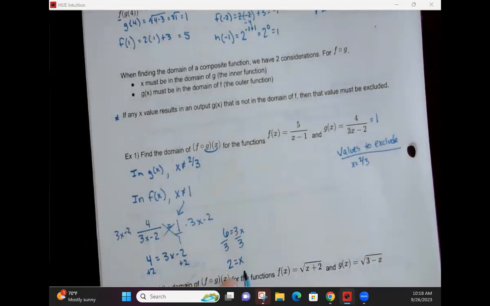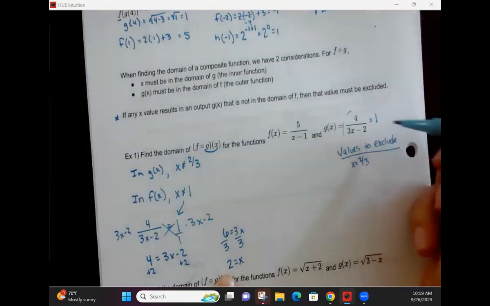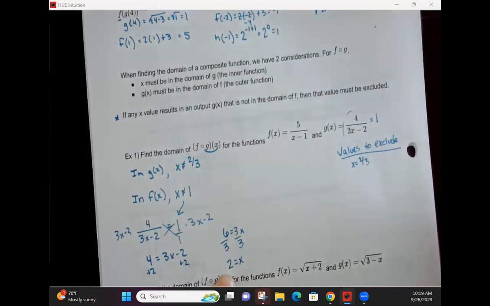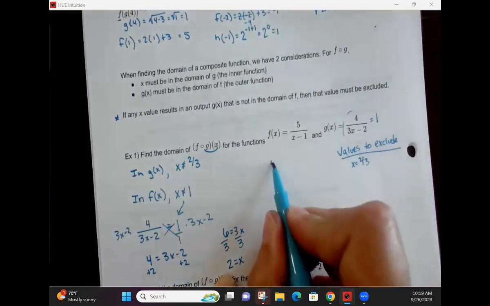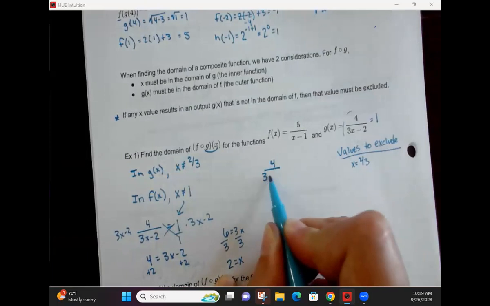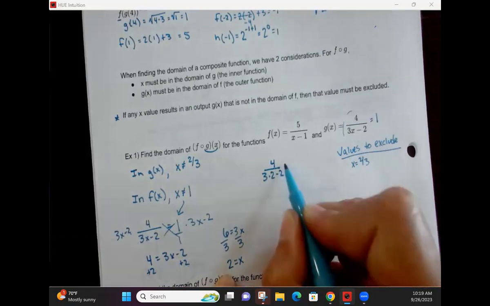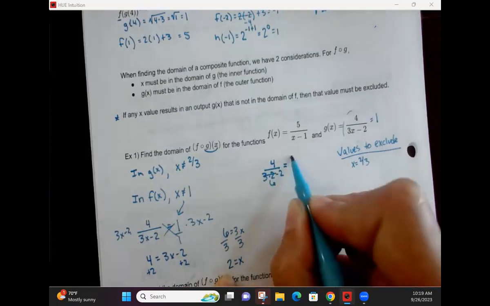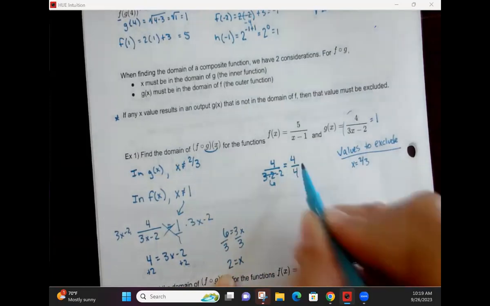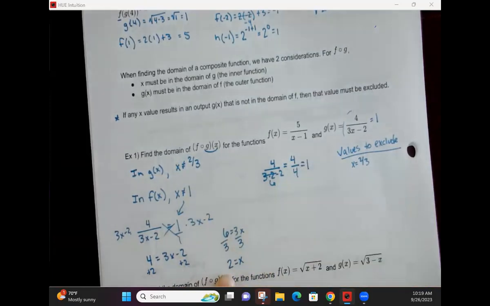So what I'm saying here is that if I plug in 2 for x, g of x would be equal to 1. Let's check that. That would be 4 over 3 times 2 minus 2. That'd be 4 over 4, and that is 1.